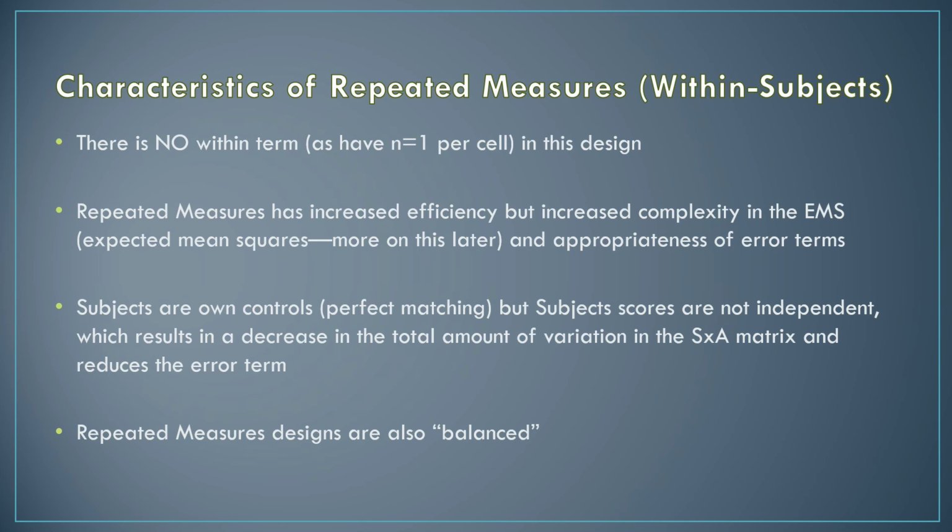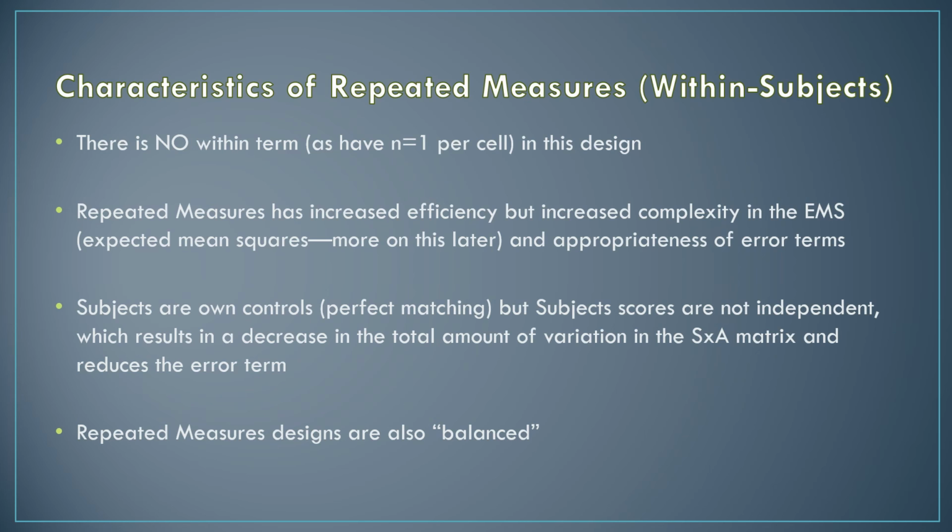So some unique characteristics of repeated measures or within subject designs is that there is no within term. Because you have every participant at every level, there isn't a within term because each cell is one individual. And so there's no comparison between that individual.